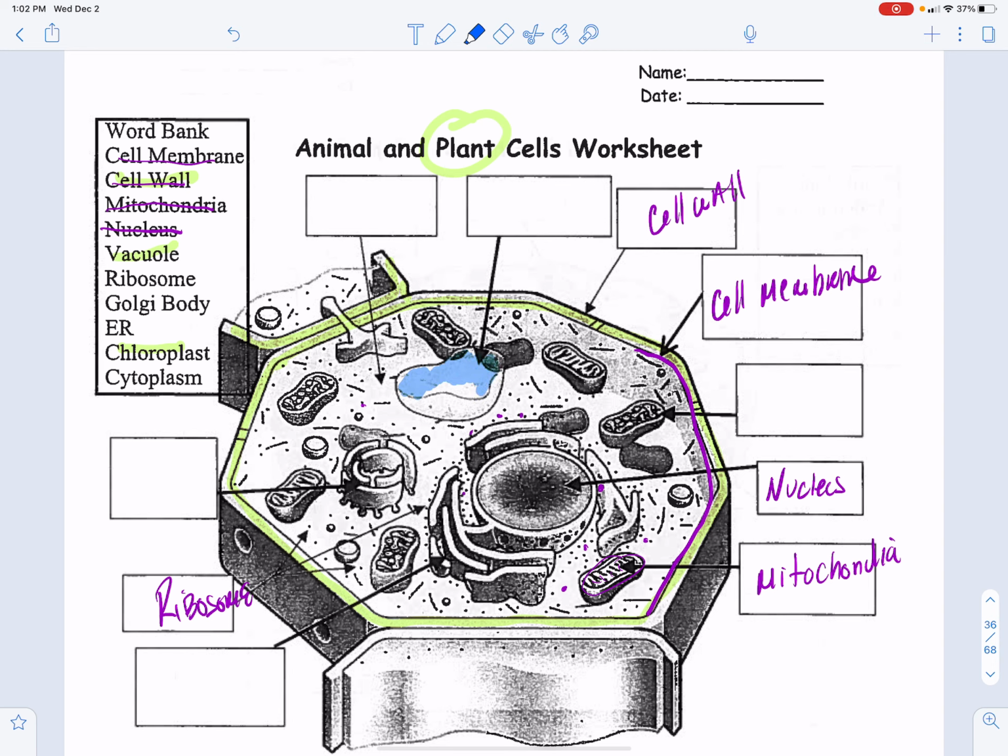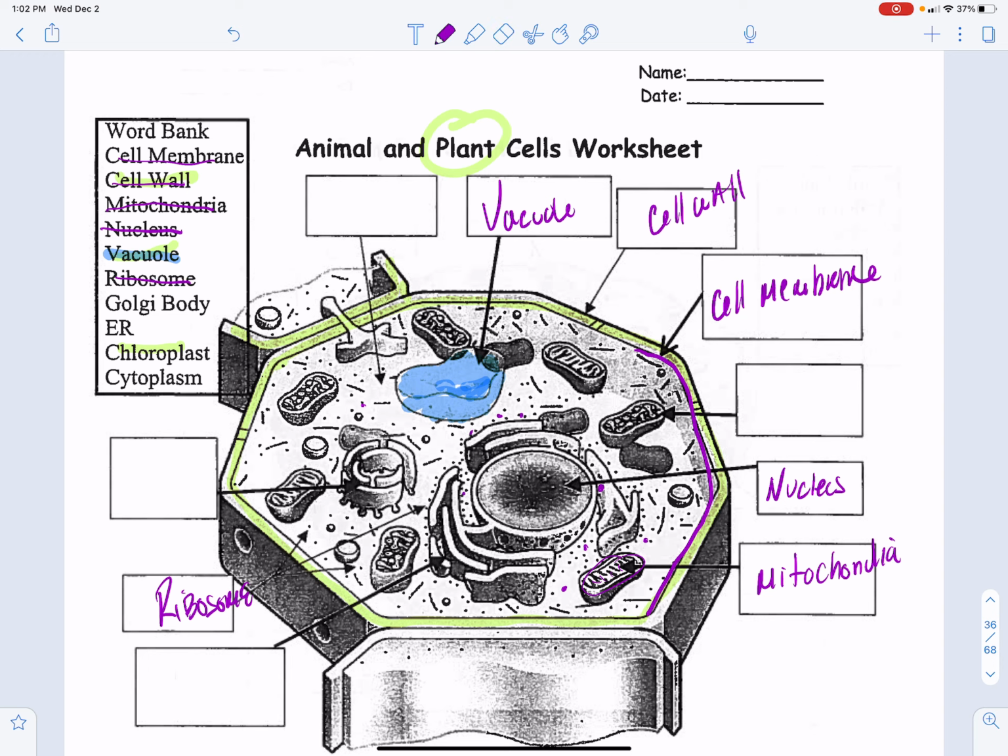This is that water vacuole. They don't call it a water vacuole, they're just calling it a vacuole, but that's okay. This particular vacuole stores water. If it had food in it, it would be a food vacuole. If it had enzymes, it would be called a lysosome. So we got ribosome already. Let's cross that guy off.